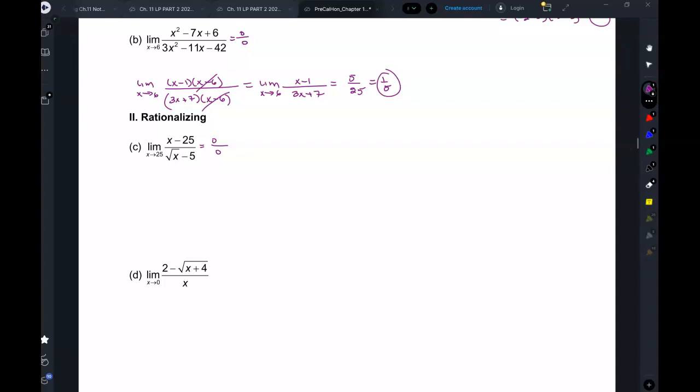So what do I multiply by to rationalize that? And I'm just going to do it here. So here I'm going to do root x plus 5, root x plus 5. And I like to put parentheses around these to see what I'm doing. So this is going to be the limit as x approaches 25 of, okay, now pause what you're doing, everyone.